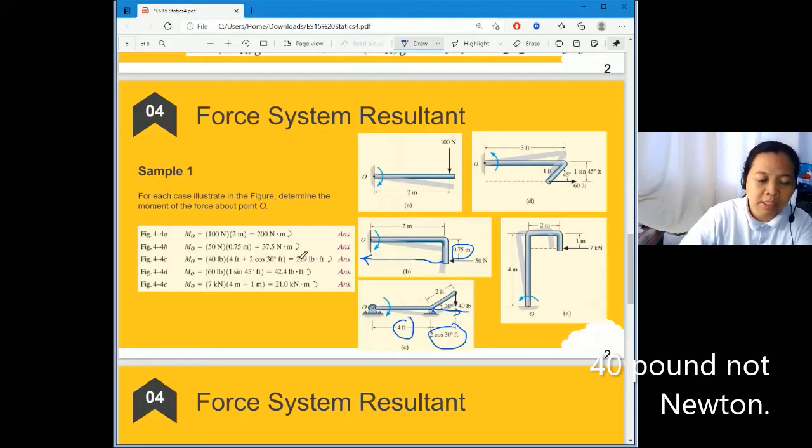This is your equation: 4 plus 2 cosine 30, times 40 pound. That is equal to 229.28 pound per foot, and it's still clockwise. So, fourth problem, let's solve this here.